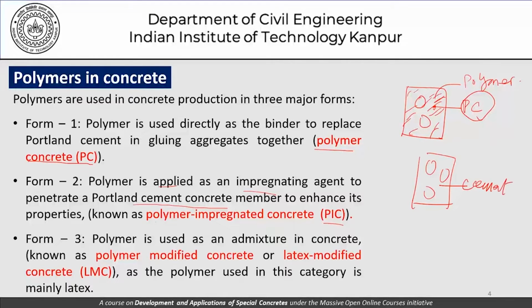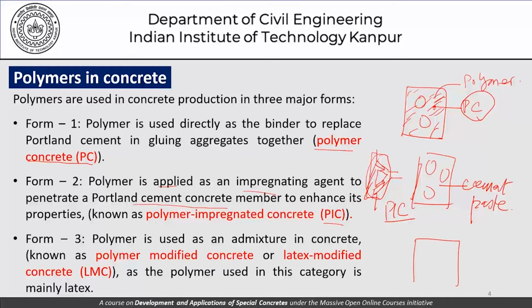And in the pore space that we have here, which I often draw like this, we apply a polymer layer, and this polymer impregnates into these pore spaces, and what we get is PIC, polymer impregnated concrete.